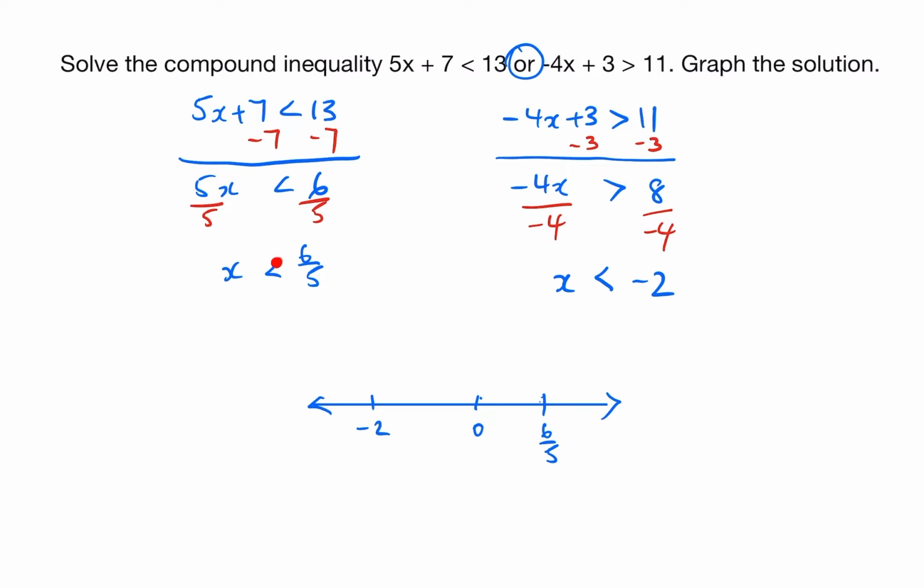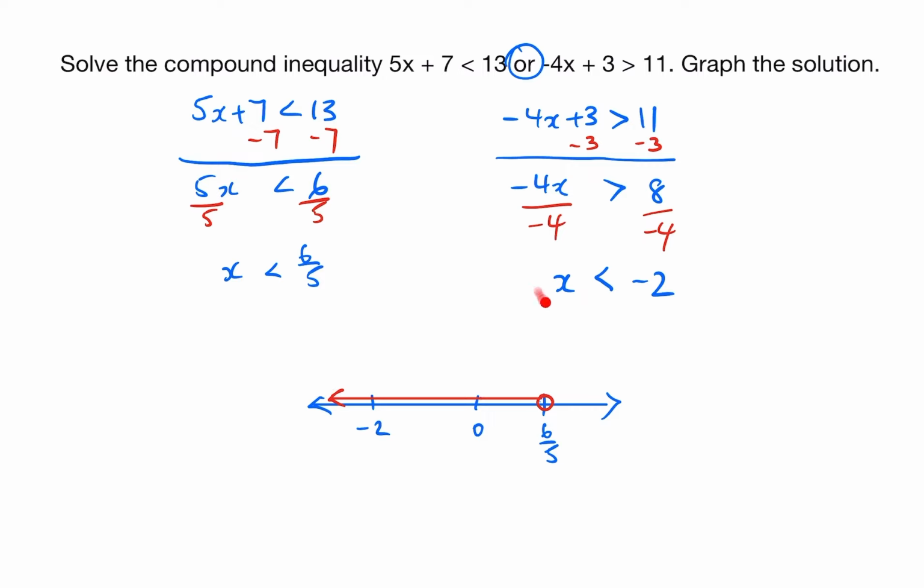We have a less than sign, which means we're going to have an open circle on 6/5, and then anything less than that will be part of the solution. Now let's graph this one. Here we have an open circle on negative 2, and it's going to be less than, so it's going to go all the way to the left.